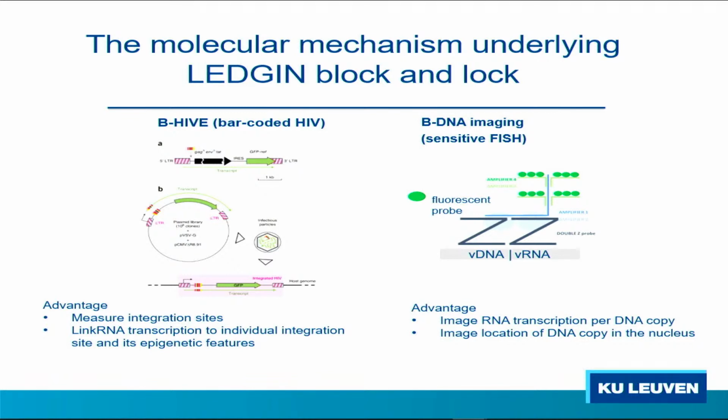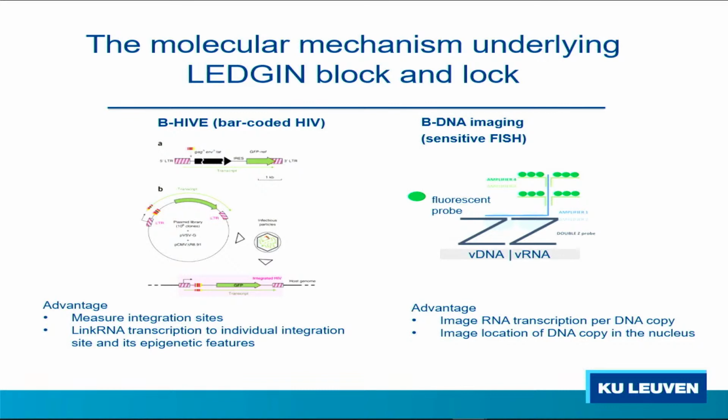At that moment in time, nobody knows whether an integration site, the place where you integrate in the genome, makes a difference. The only way to do that is to try to find the correlation between integration site and mRNA. And that's what we did with this barcoded virus.